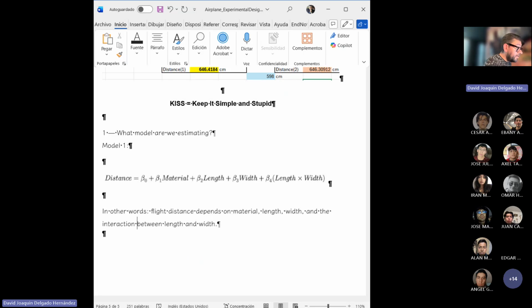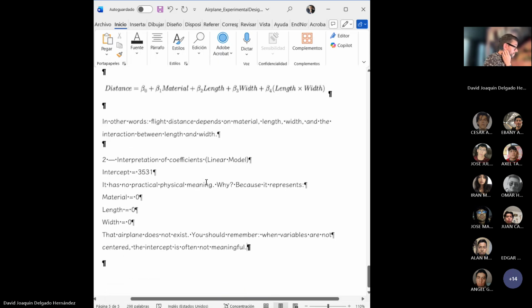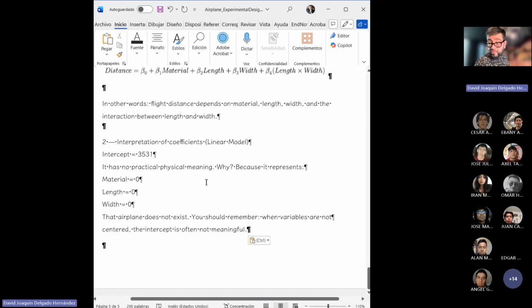The second point: how are we going to interpret these coefficients? The intercept is a very big coefficient, 35.31, and this has no physical meaning.